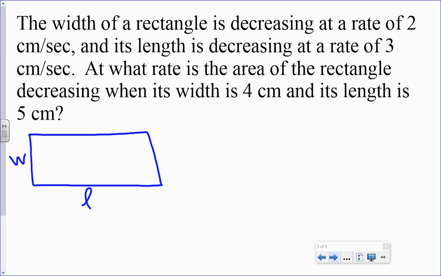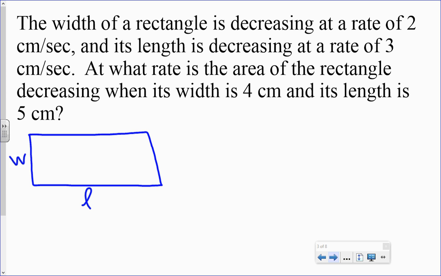Okay. What do we know? The width of the rectangle is decreasing at a rate of 2 centimeters per second. Anytime you see rate, it is describing what in calculus terms? What's another word for slope? In calculus words?